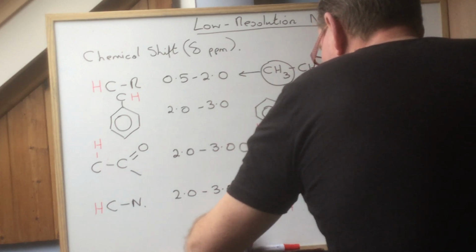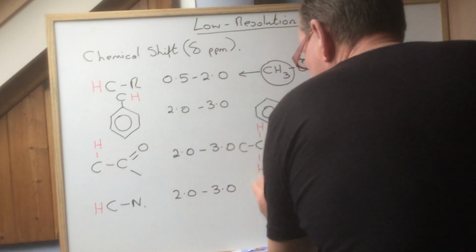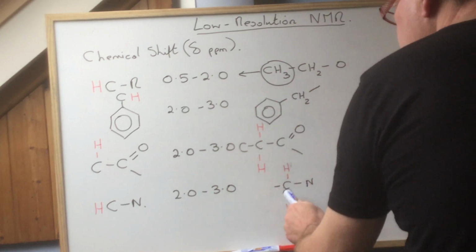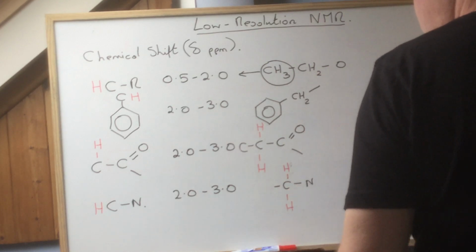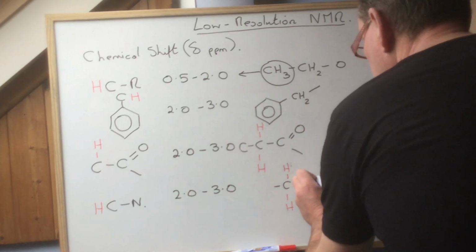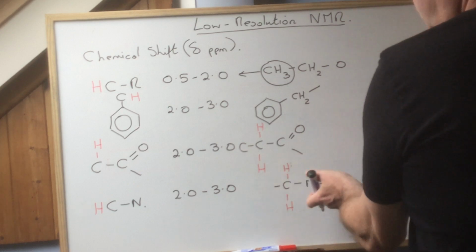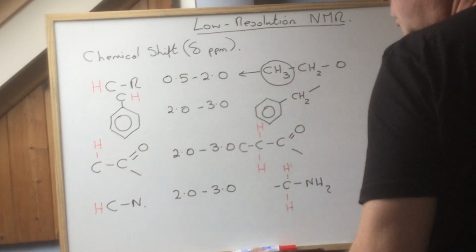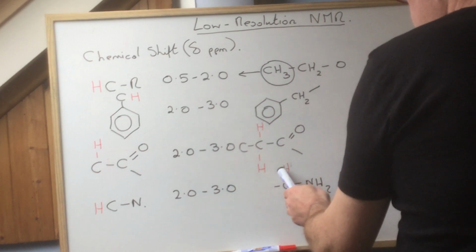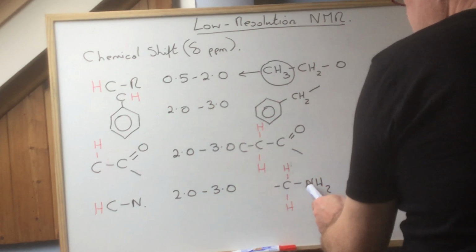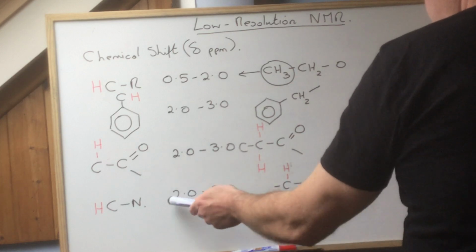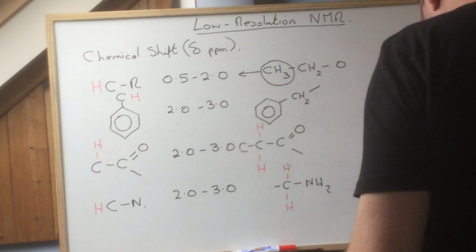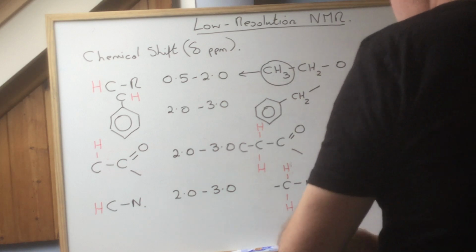H goes on whatever, but basically attached to an N there. Those two are going to have a chemical shift in that environment. Attached to that N, we're talking probably an amine or maybe even a substituted amine. You don't get amides and amines much in NMR. But if those two protons touch that carbon, touch that N, we'll have a chemical shift in that environment. Okay? So that's cool.